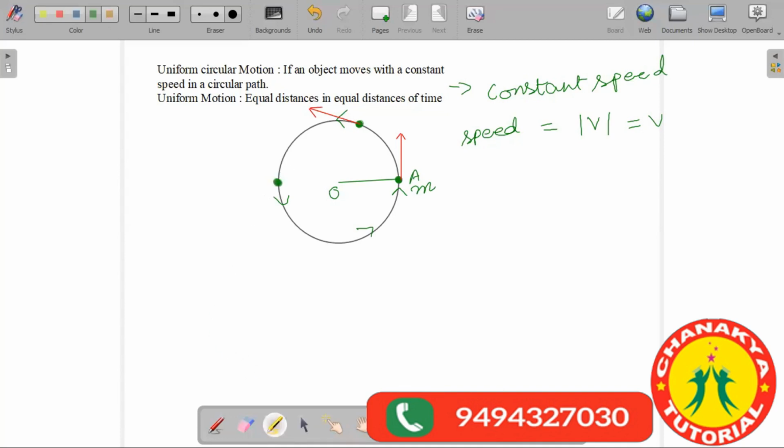So in these cases, we observe that the speed is not changing, but the direction is changing. Since velocity is defined with magnitude and direction, speed in a particular direction, and here the direction is also changing, can we say that velocity is changing?